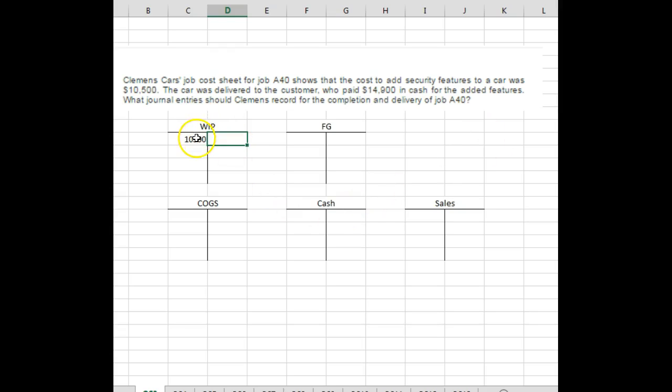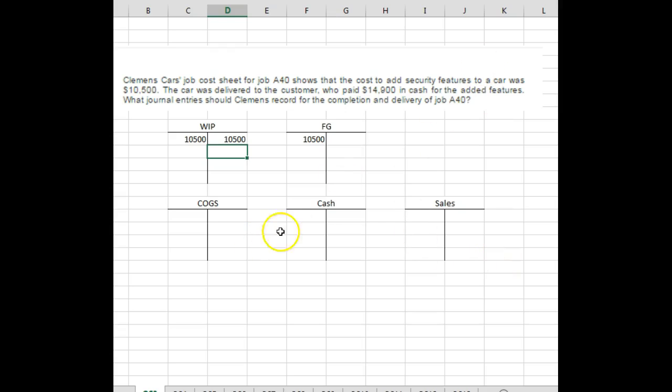So here we have $10,500 work in process. We're going to transfer that to finished goods. We need to get it out of work in process, so we're done with work in process. Now I've got $10,500, and along comes the gentleman to pay for it.